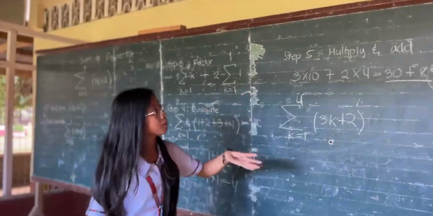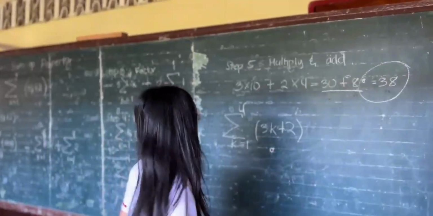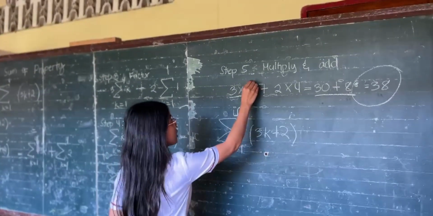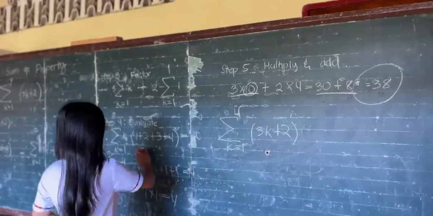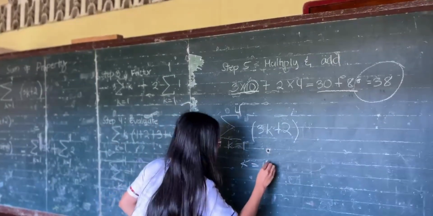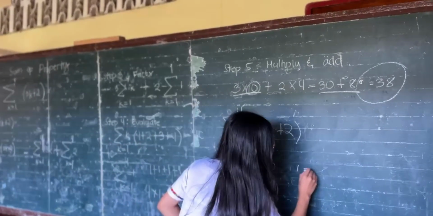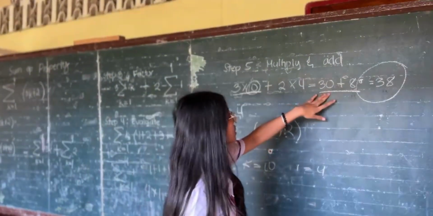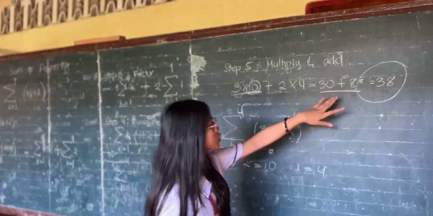Then, step 5, we multiply and add. So we have 3 times 10. This 10 is from here, so our summation of k is equal to 10, then our summation of 1 is equal to 4. So 3 times 10 is equal to 30. 2 times 4 is equal to 8.